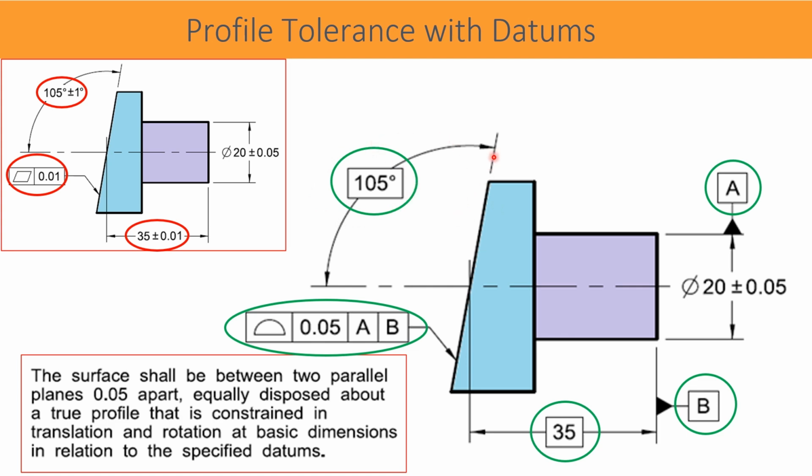The surface shall be between two profile planes, which are flat planes in this condition, 0.05 apart, equally disposed about a true profile that is constructed in translation and rotation at basic dimensions. 35 is the linear basic dimension and 105 is the basic angular dimension, and a profile control of 0.05 is applied with respect to datums A and B, which serves the purpose in a single control of profile with the datums.